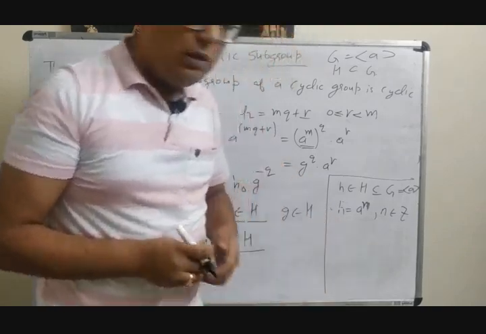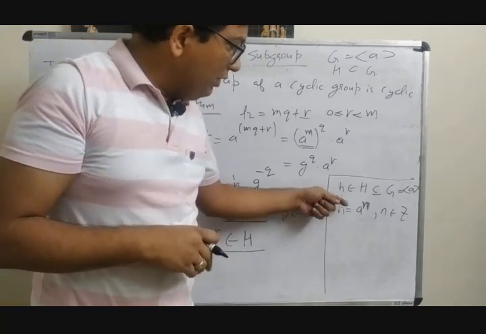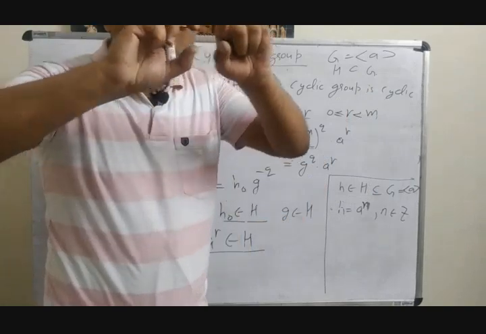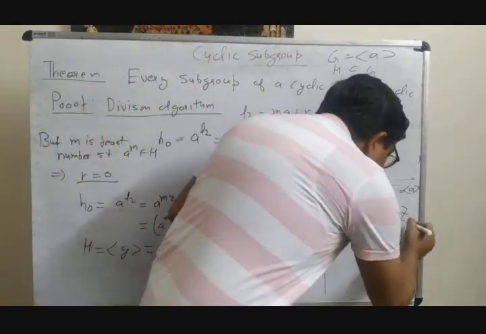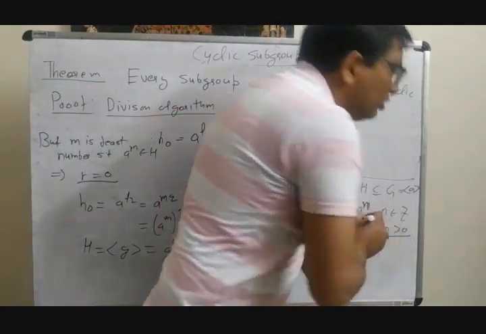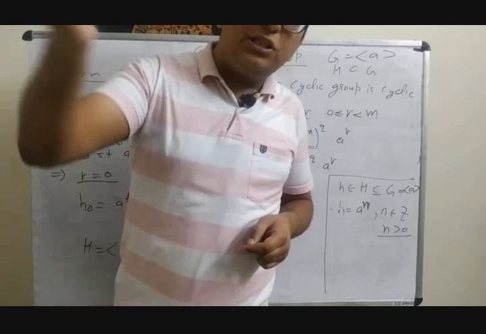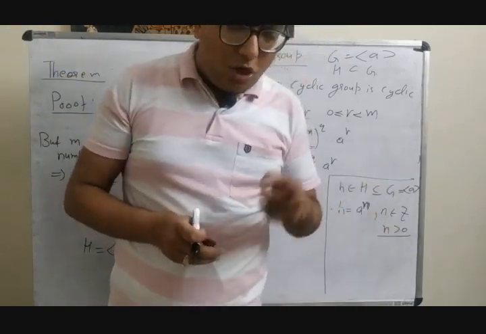Now the second thing, we apply the well ordering principle. Because if we write all the elements of H as powers of A, we will get a sequence of integers N. Moreover, we can take this N greater than 0, because we know that if A is a generator, A inverse is also a generator. So we consider that N is greater than 0.